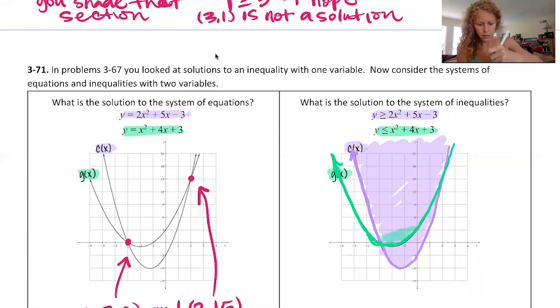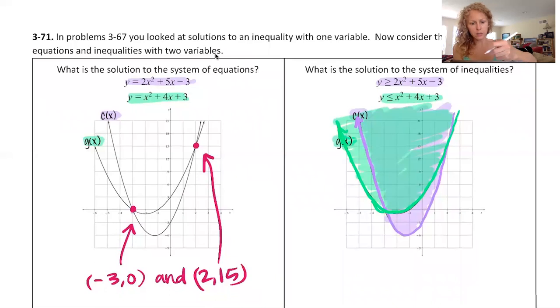So we're shading all this stuff up here, but it's a system of inequalities, sorry, not equations, so we have to solve both of them. So there's sections here that don't actually work, and there's sections that do work. The solution to a system of inequalities is always going to be where the regions overlap.